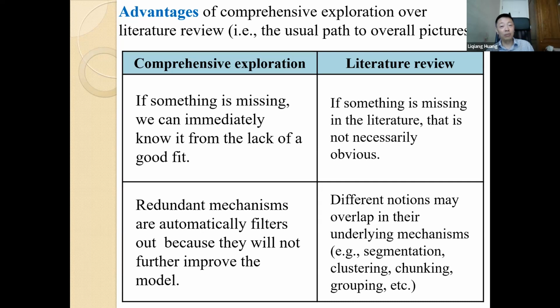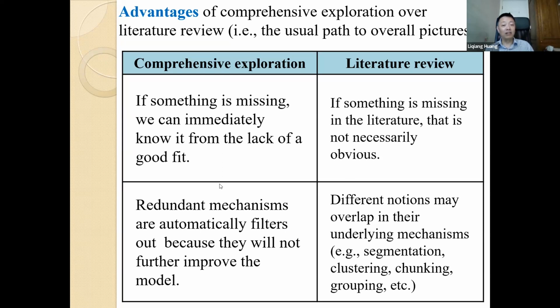There are some other mechanisms which could be equally important or maybe even more important, but people may easily ignore them for 10 years, 20 years without studying them at all, simply because no one picked them up. So that's one advantage of comprehensive exploration.